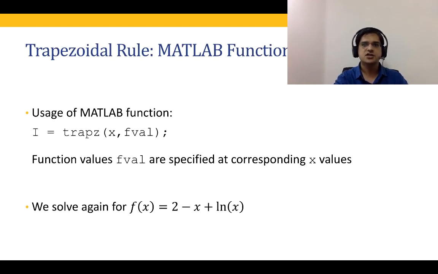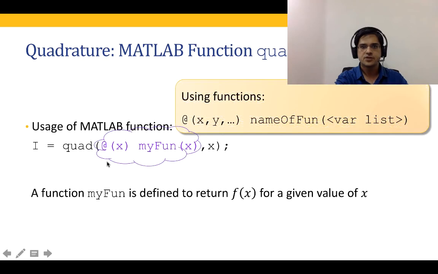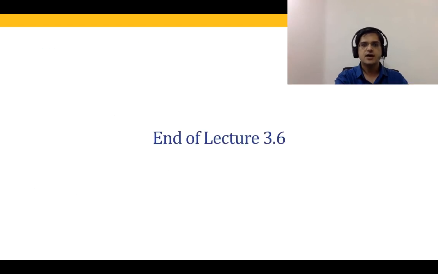The second function that we used was quad. We used quad in order to find the integral of any function. In using quad, we pass on the function handle using this particular method. So with that, I come to the end of this lecture and indeed to the end of this module.